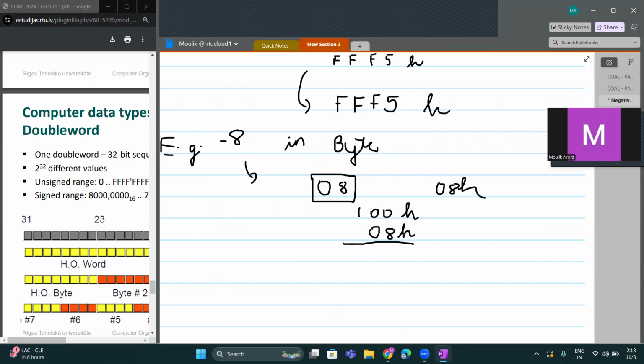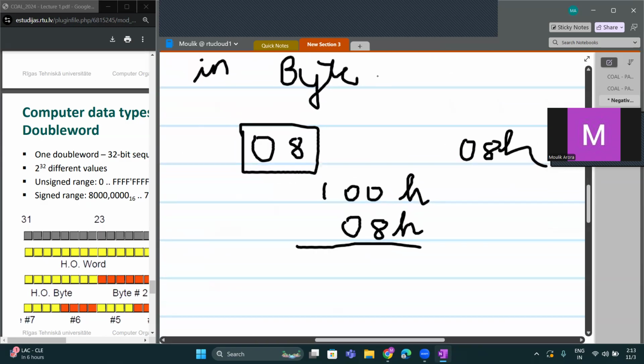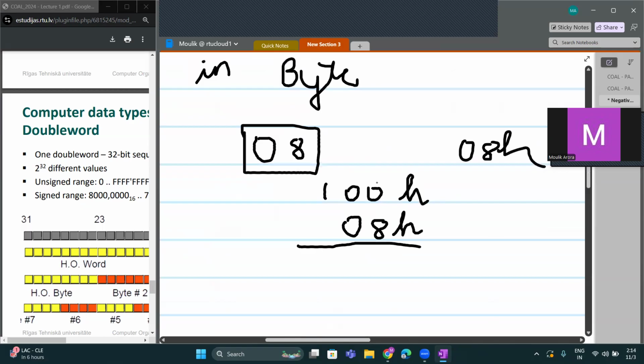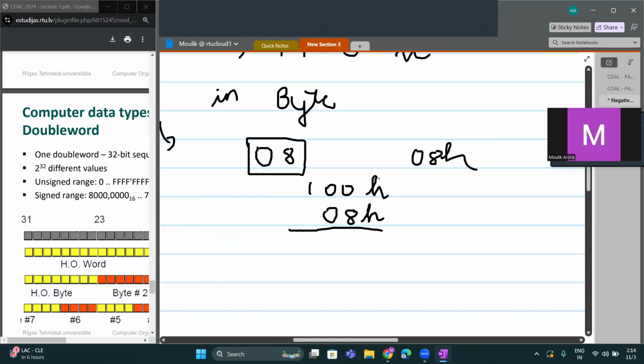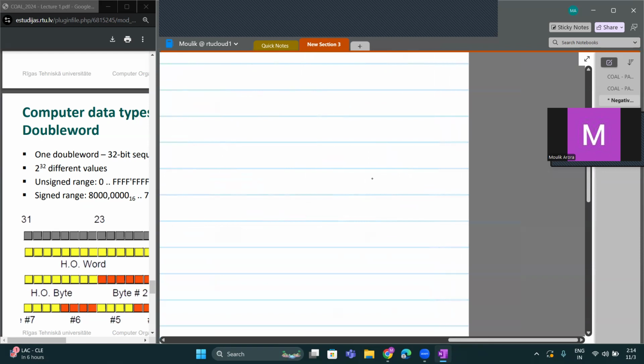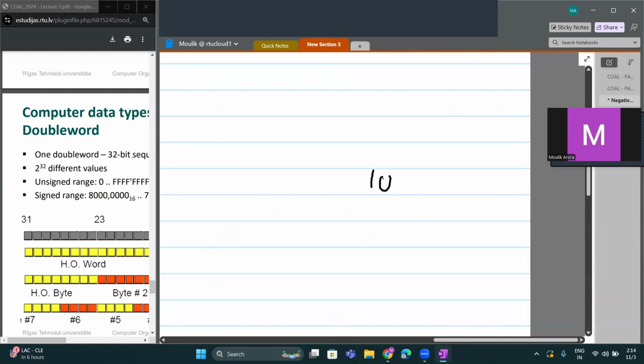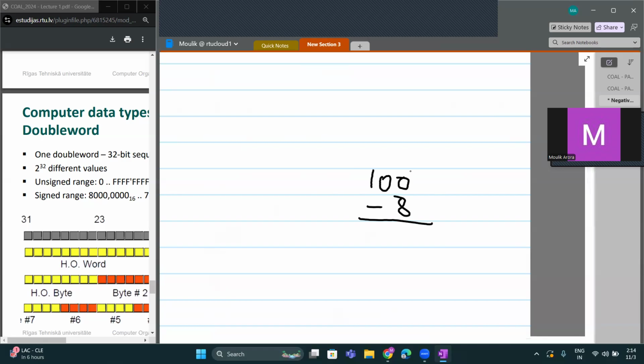When we try to subtract, the difference is that we have to subtract in the form of hexadecimal. For example, if we subtract in decimal, 100 minus 8, what used to happen here was that we changed this into 10, this into 9, this into 0.